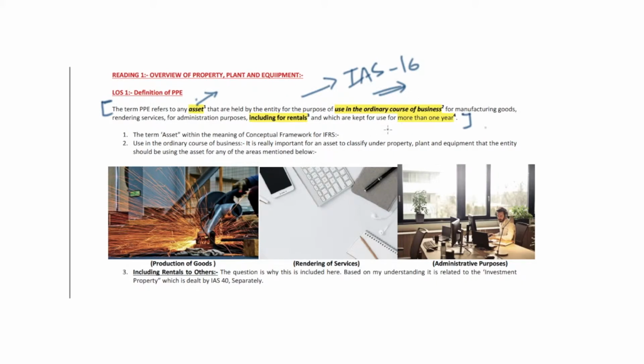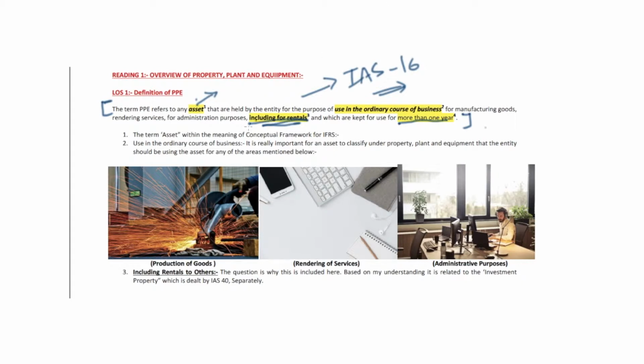We will understand this: for manufacturing of goods, rendering of services, or for administrative purposes, including rentals. This is important, including rentals, and which are kept for use for more than 1 year. So, there are 4 points that I want to discuss with you, which are relevant to understand the definition.